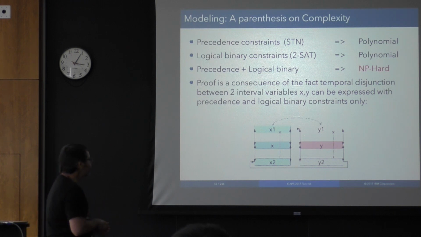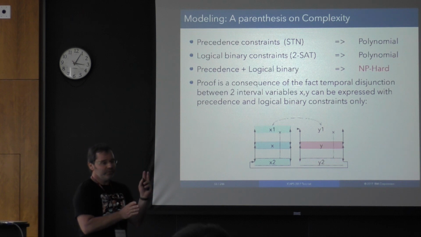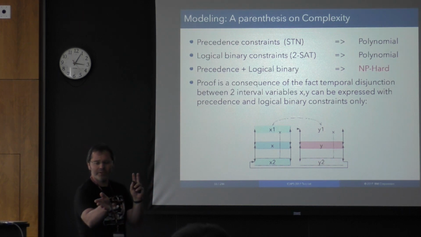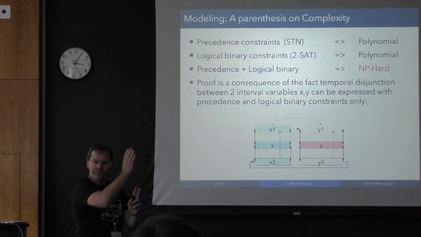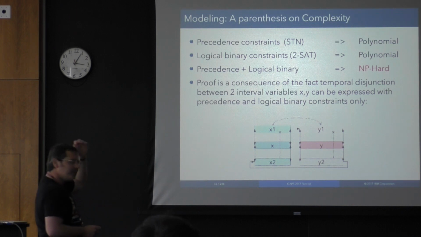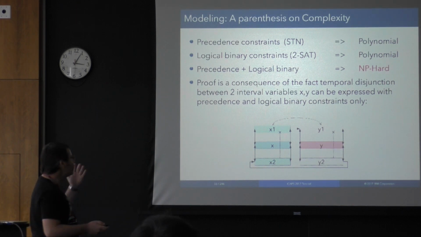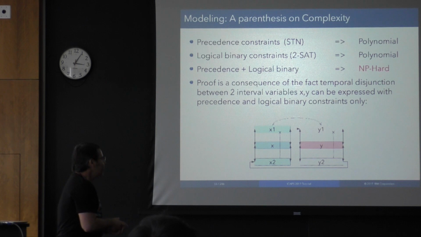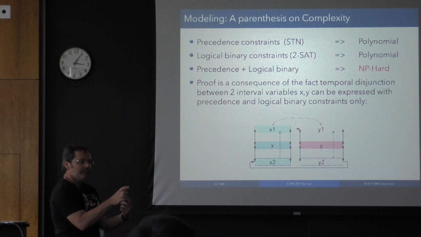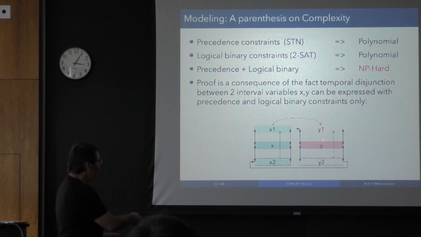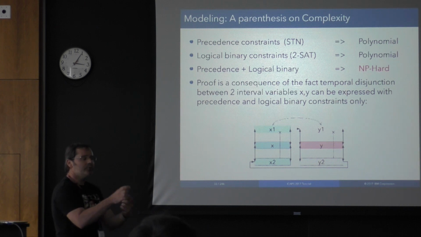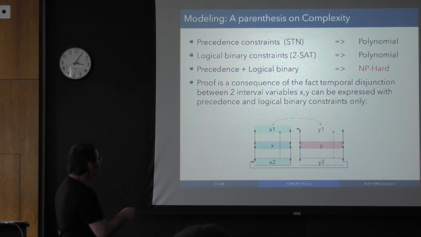The interesting thing is that when you mix them together, we had the temporal dimension and then a little dimension here on the logical status, then it becomes NP-hard. And the proof is very simple because you can express a temporal disjunction between two intervals x, y, that says they cannot overlap, so x is before y or y is before x. You can express it using only this type of constraints.